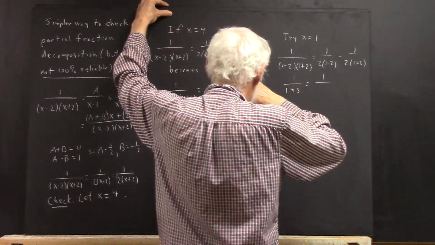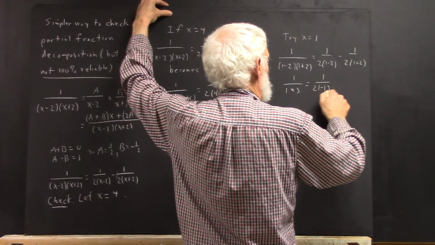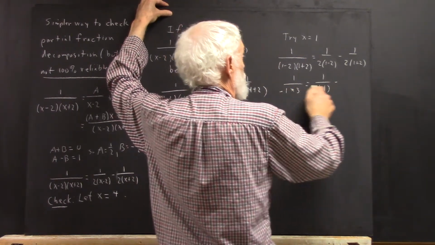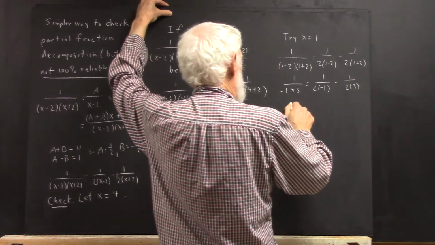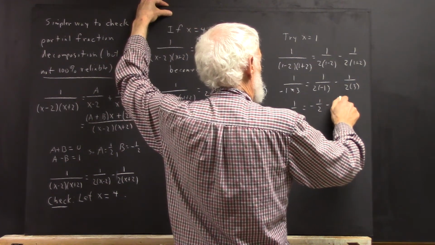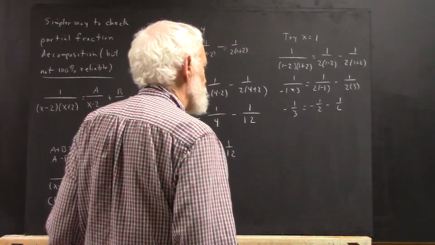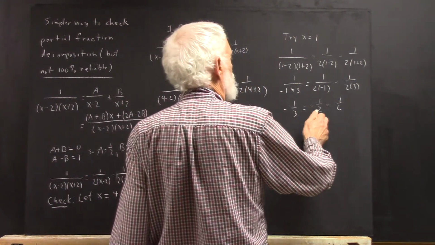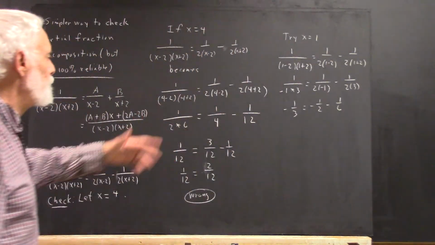This is 1 over 2 times negative 1, minus, and this should be negative 1 times 3, minus 1 over 2 times 3. So that's negative 1/3. This would be negative 1/2 minus 1/6. That's not right either. Okay? Because, you know, 1/2 and 1/6 is going to add up to more than 1/3. Okay, so still wrong.